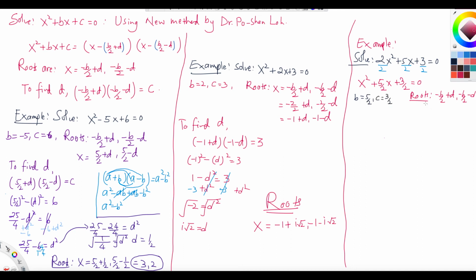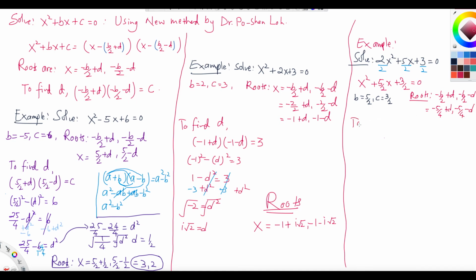If you plug that in, b is 5/2, negative 5/2 over 2. This is half of the 5/2. That will make negative 5 over 4 plus d, because b is 5/2. 5/2 divided by 2 will be 5/4. Negative 5 over 4 minus d.